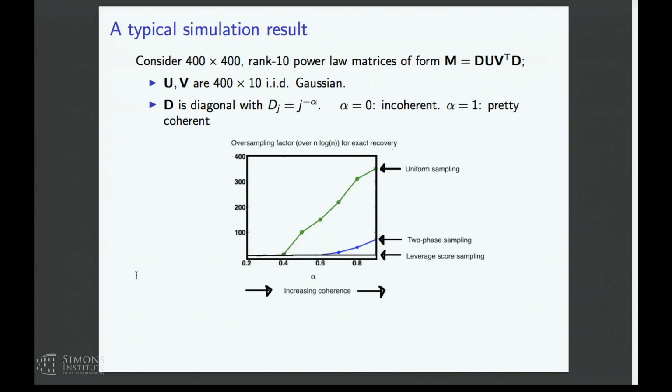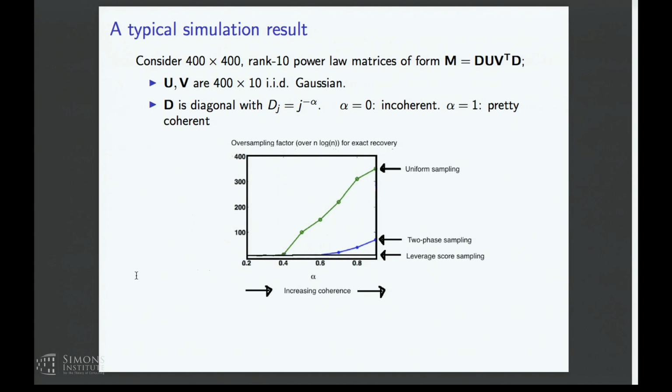So uniform sampling really becomes very bad when the matrix is coherent. And then you see this black line, which is the oracle distribution leverage score sampling, which is what we would need if we knew the leverage scores a priori.